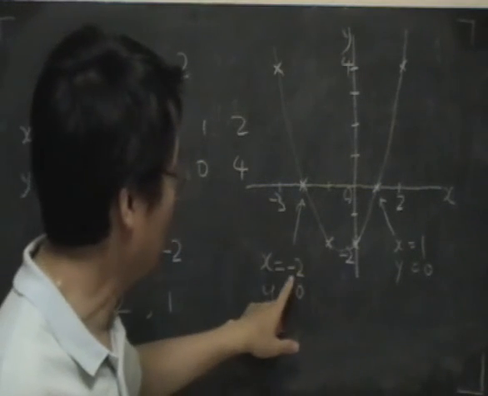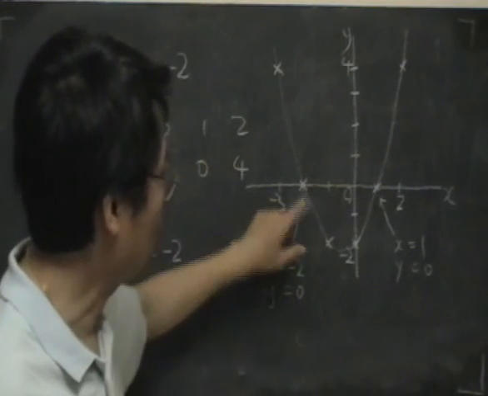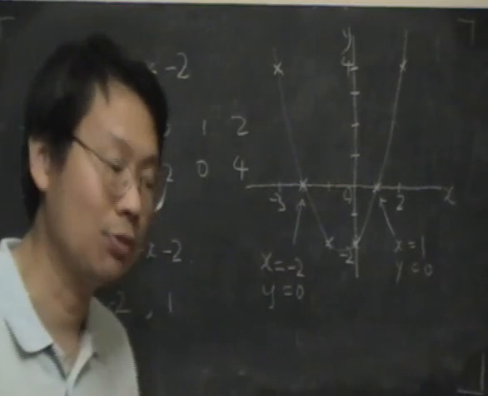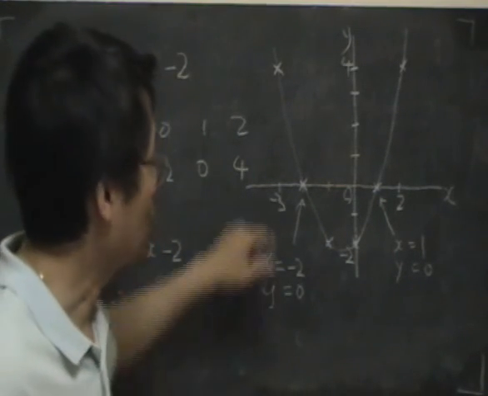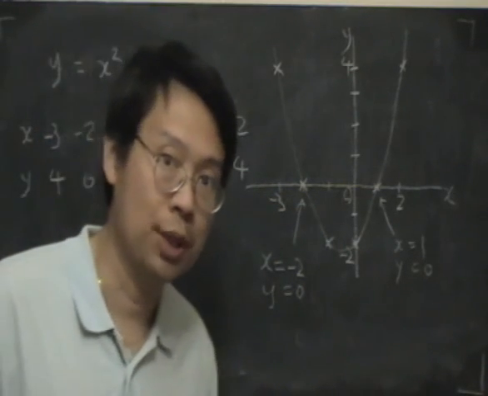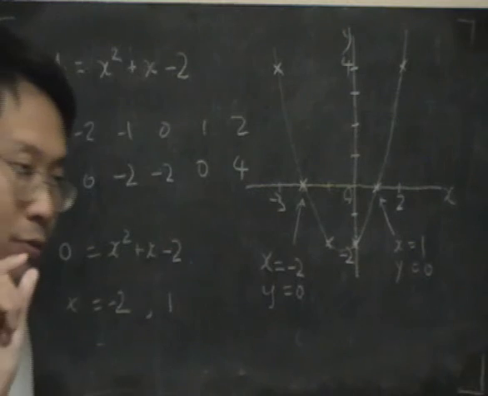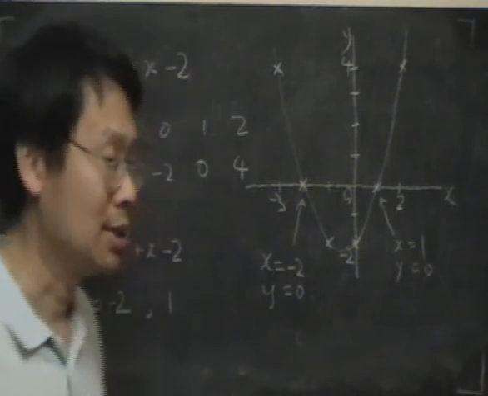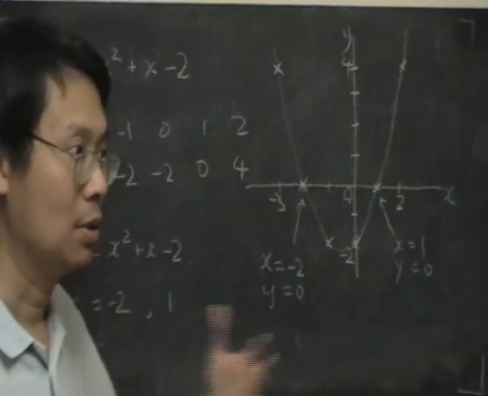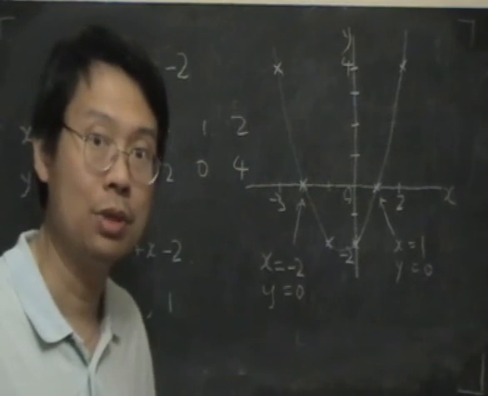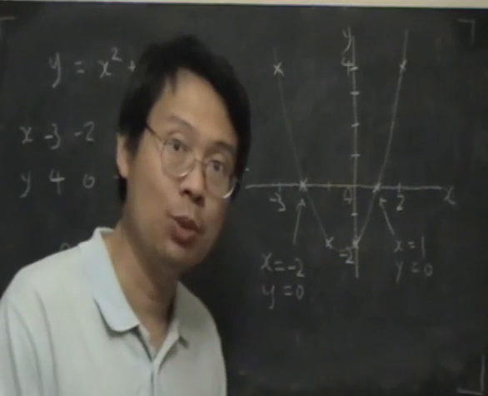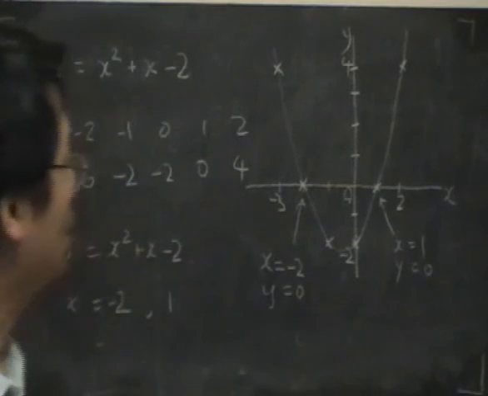Like for example, here it goes through exactly -2 and 1, and you can easily see from the graph that it goes through these 2 points. But not all quadratic equations have answers that are whole numbers. Some may have a decimal or even an irrational number, with many decimal places.